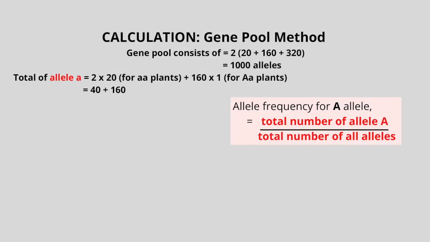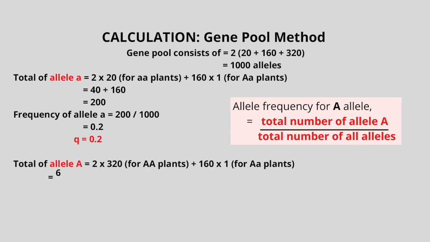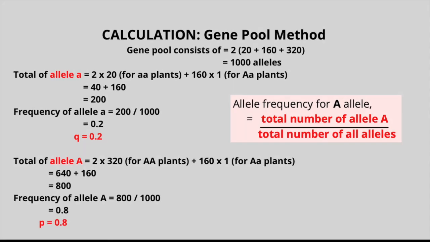To calculate the frequency of dominant allele A, the total number of allele A is 2 times 320 for homozygous plus 160 for heterozygous. That will give us 800 dominant alleles. So, the frequency of allele A equals 800 divided by 1000 equal to 0.8.